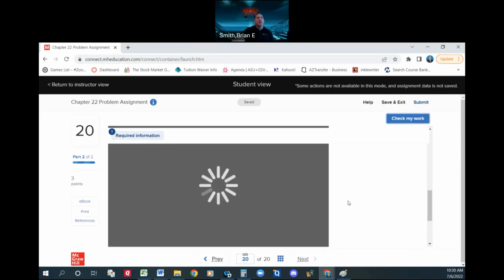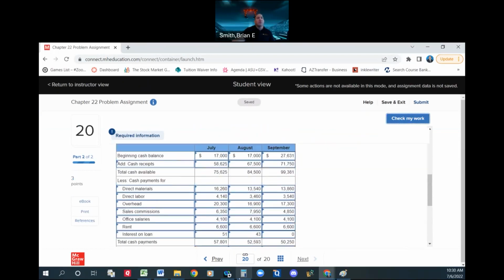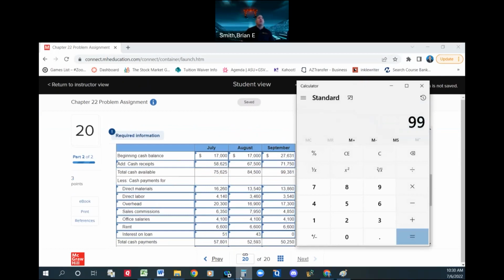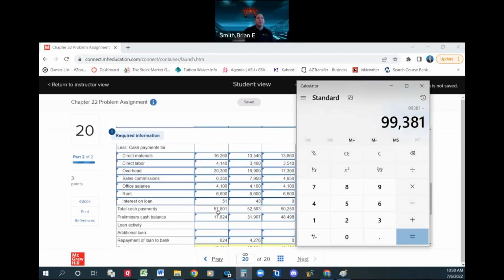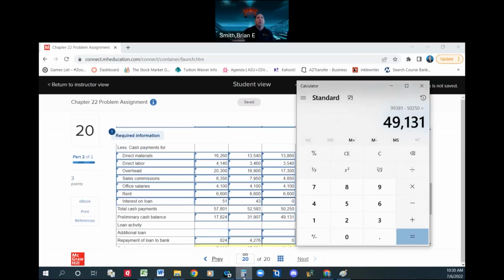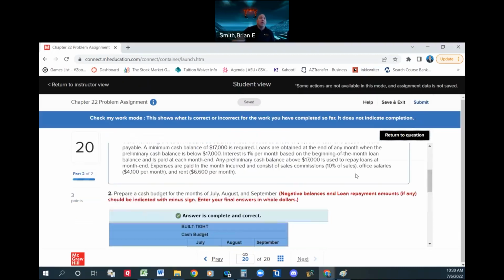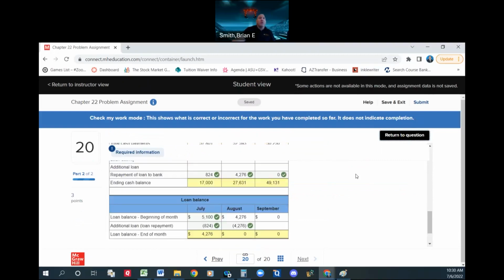Oh, forgot to recalculate that one. 99,381 minus 5250. 49,131. That's better.